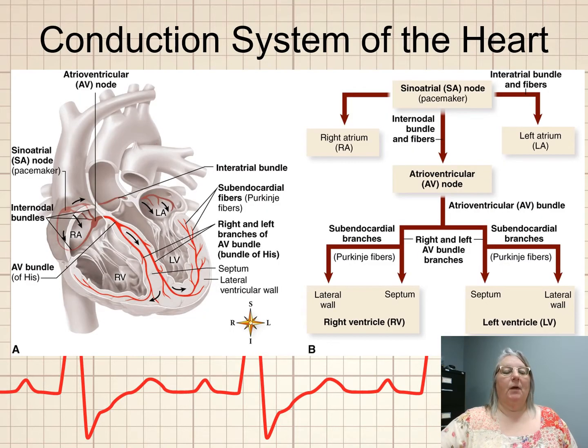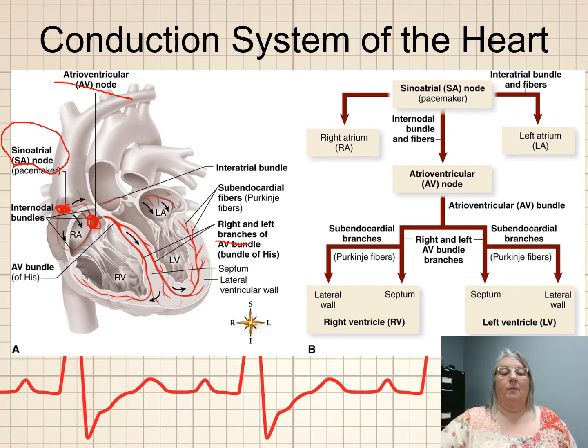This picture will help me to show you where things are. So here's the SA node, right? So it's right here. See that little spot right there? That's your SA node. And where's your AV node? Well, it's right here. See the AV node? Then you have your AV bundle.